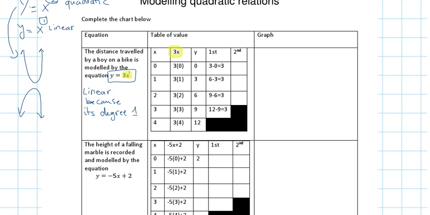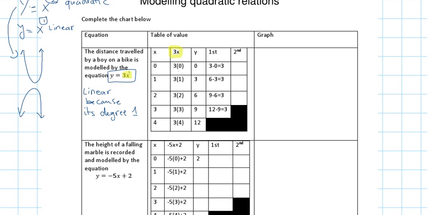Now, what do we do in the table of values? We take the x value and we plug it in for x. So what happened here is I have 3 times x. So it's 3 times 0. What's 3 times 0? 0. So that gives me the y value. My x is 0, my y is 0. This is already filled out for you, but for the next ones, we're going to fill it out together.